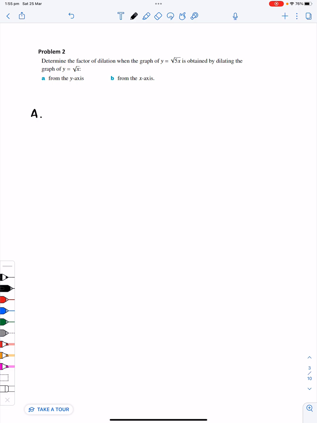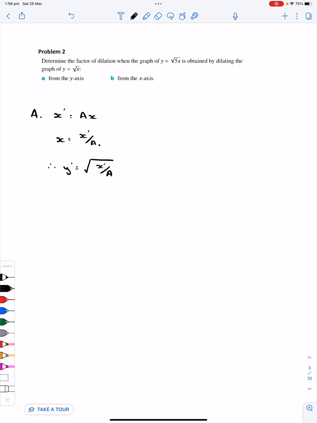question A. So I know that this is going to be a horizontal dilation, so I'm going to say x image equals ax, and therefore x equals x image on A. Therefore, y image equals the square root of x image on A. That's taken from the transformed form of it being dilated.